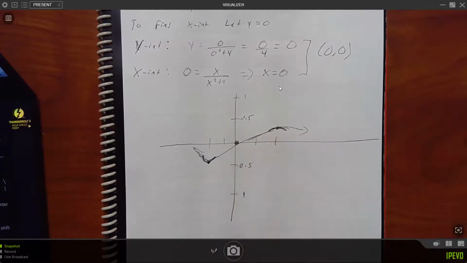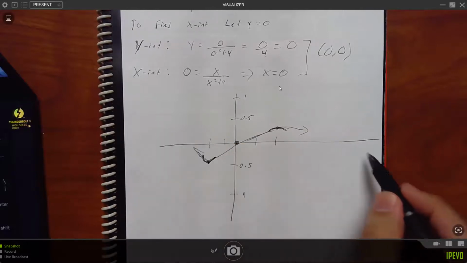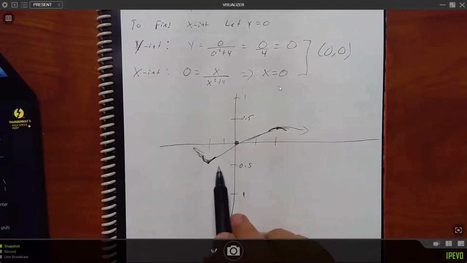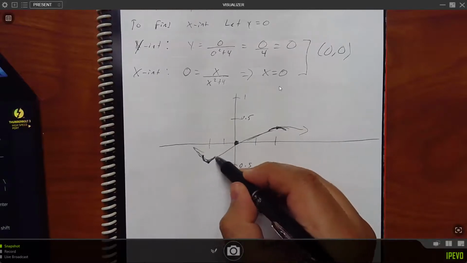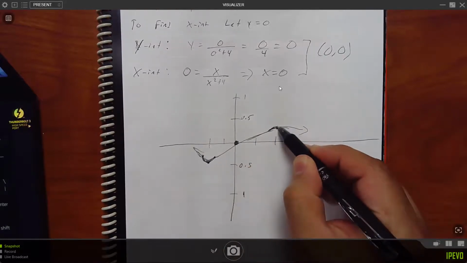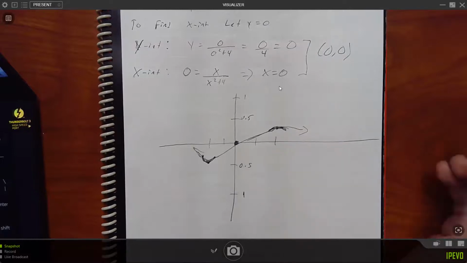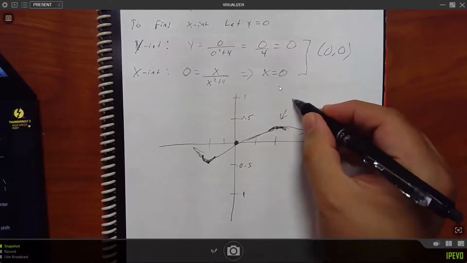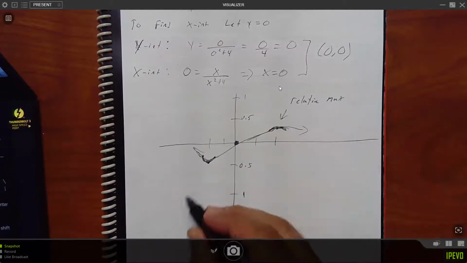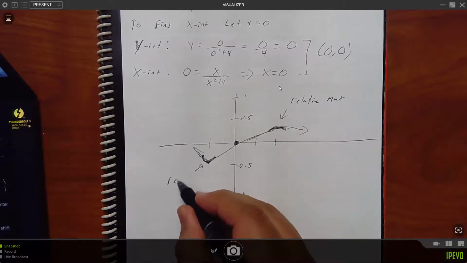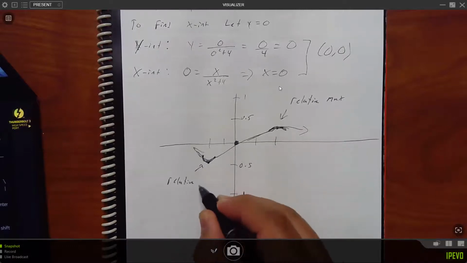I don't know if it keeps going upward or if it keeps going down, but this is my sketch. I know for sure I go through here, and I for sure have a relative minimum and maximum, right? This right here is the relative max. This is a relative min.